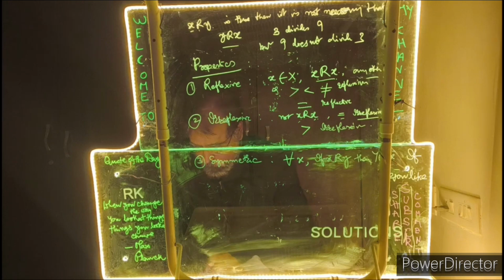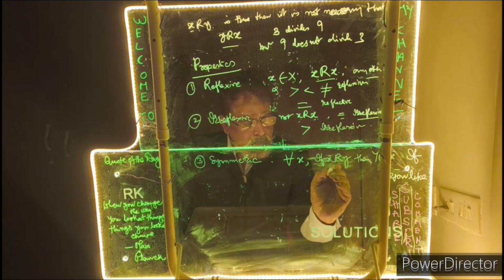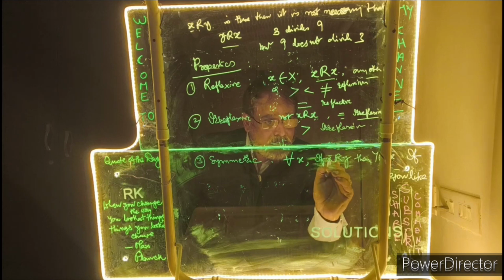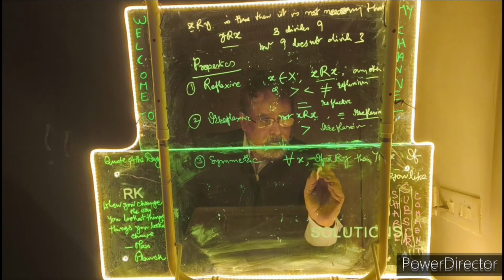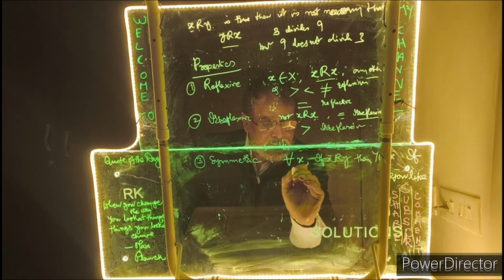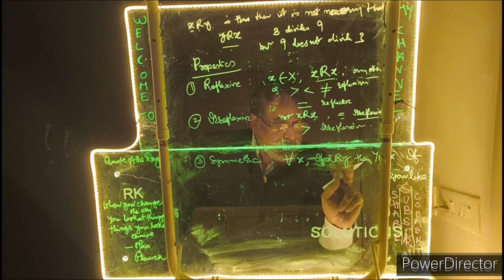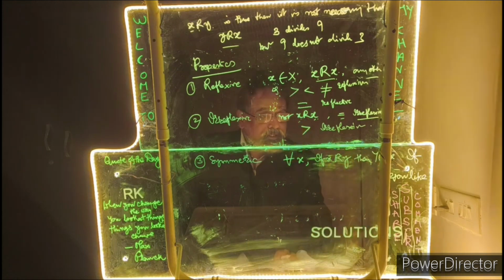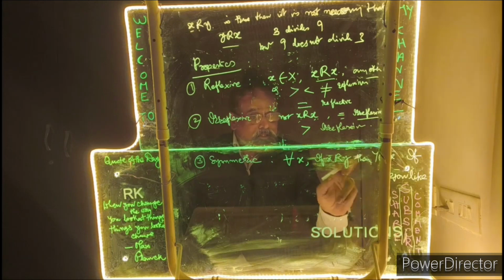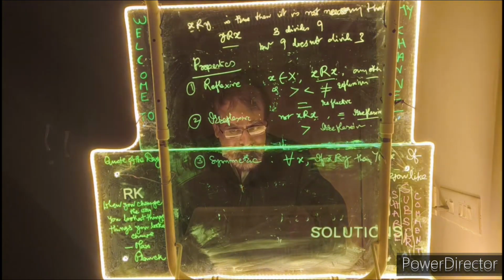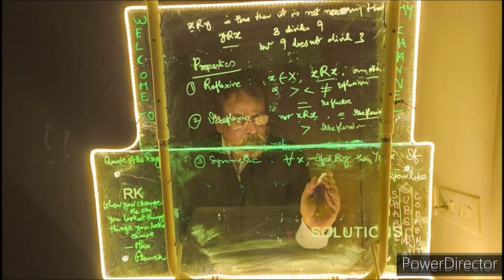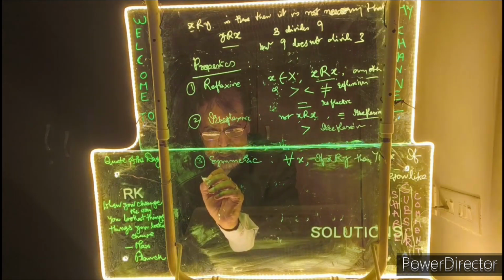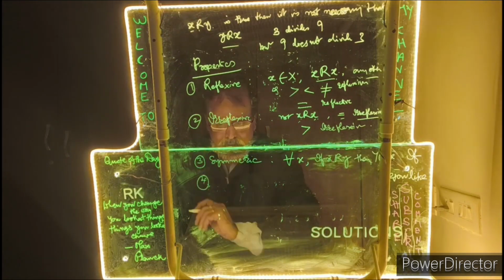Meaning, the symmetric property is for all x, if x is related to y, then y should also be related to x. Only then it is symmetric. Okay. So, yeah, we will be using this property a lot.